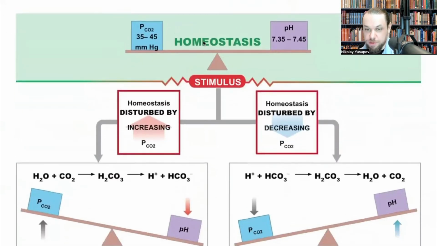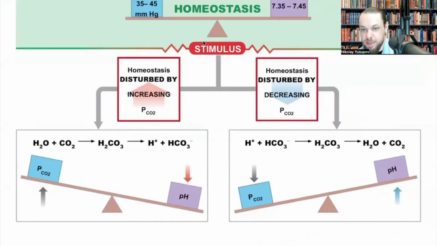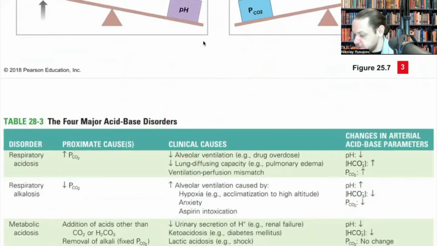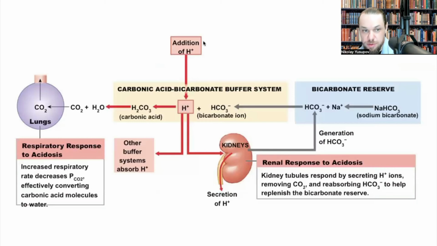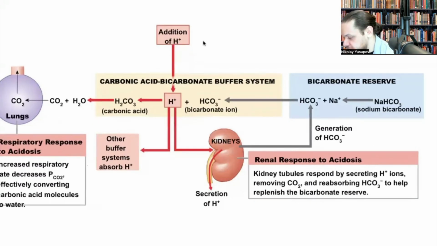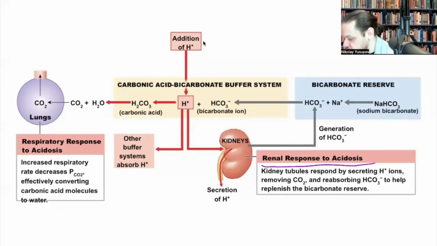So here they give you the same formula, and they show you there's a disturbance, and how the kidney is going to correct it. Let me just get you there so you guys can see, and then we'll go back. As I was explaining, they show you the renal response to acidosis.